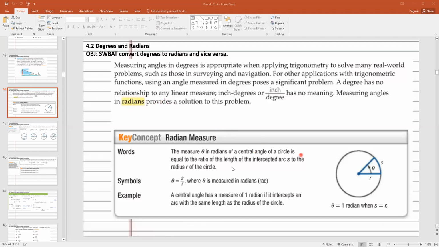Okay, so radians is going to be theta is equal to s over r, where s is the arc length, and we're going to talk about that soon.